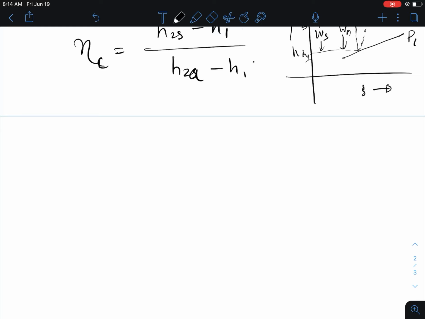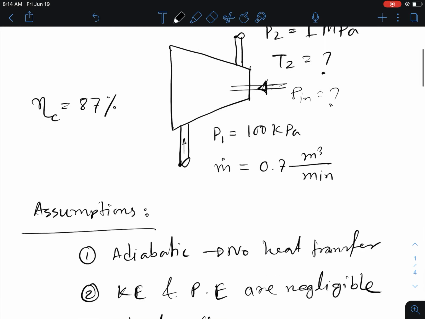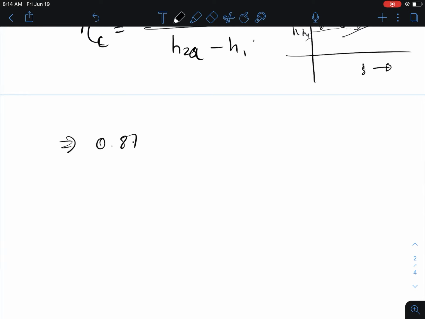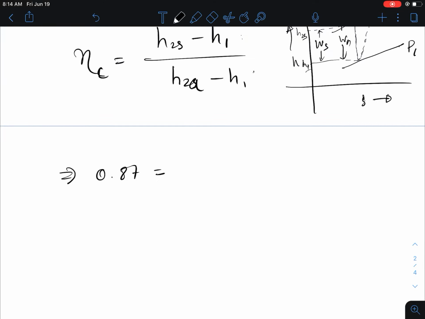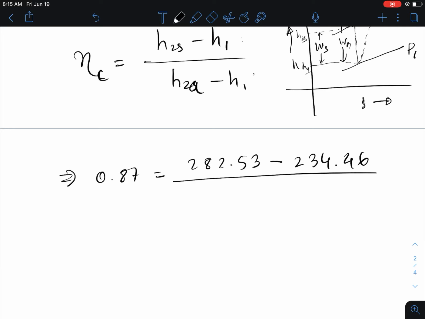From this diagram, we got this definition which we derived in the previous lecture. So from here, if we plug in all those values, the isentropic efficiency of the compressor, 0.87, equals 282.53 minus 234.46 divided by the actual H2A.